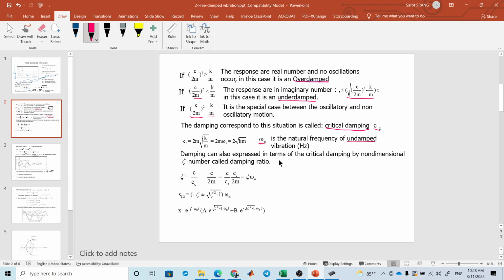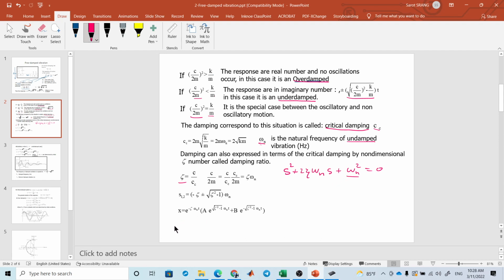Then you can use a standard form like this. So you have the damping ratio zeta and the natural frequency omega n.